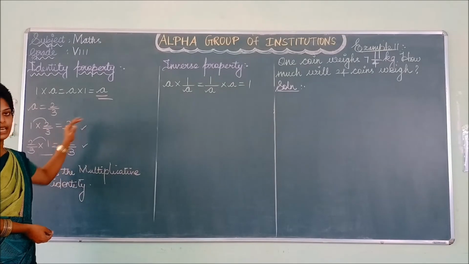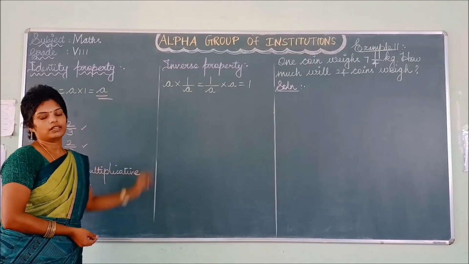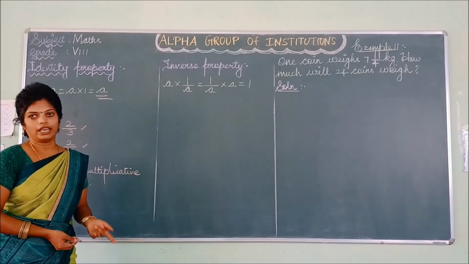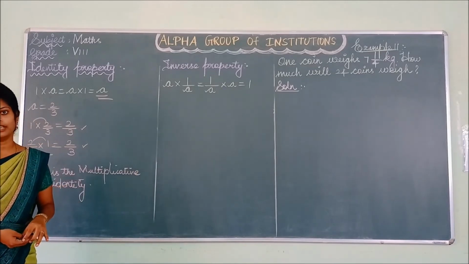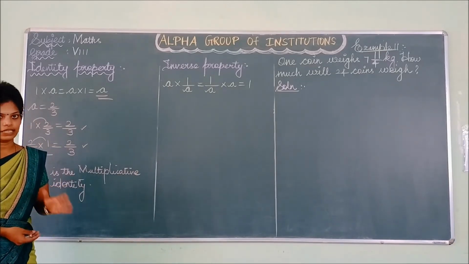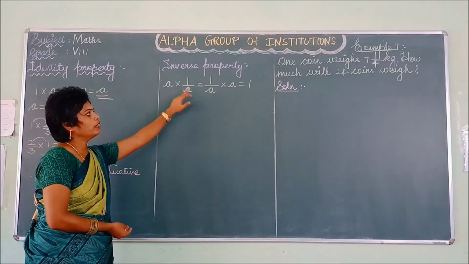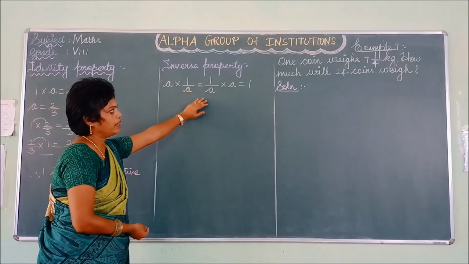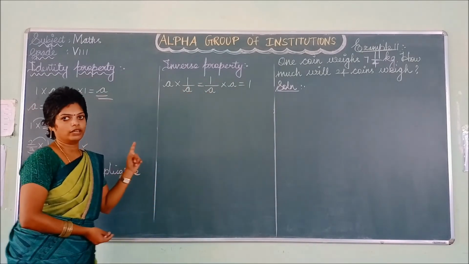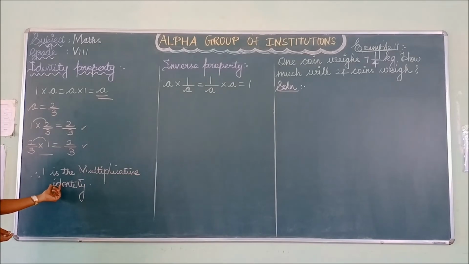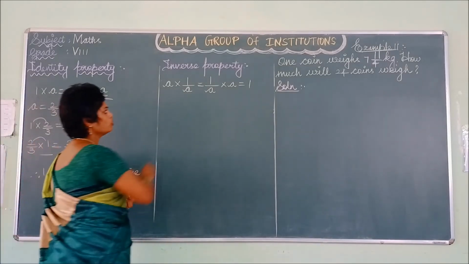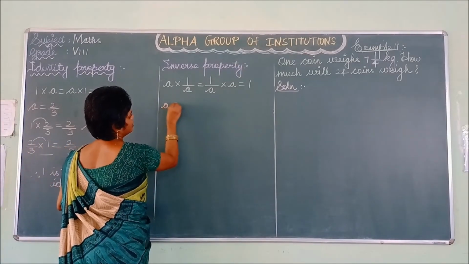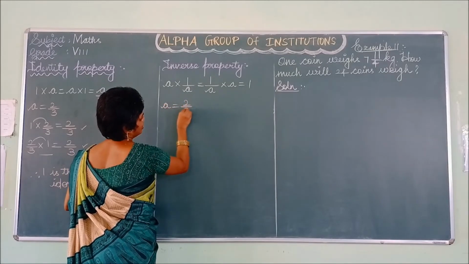So using the same we can say this property. For any rational number A, there exists a unique rational number 1 by A such that A into 1 by A is equal to 1 by A into A, which is again 1 because 1 is the multiplicative identity. So let us check. A is 2 by 3.